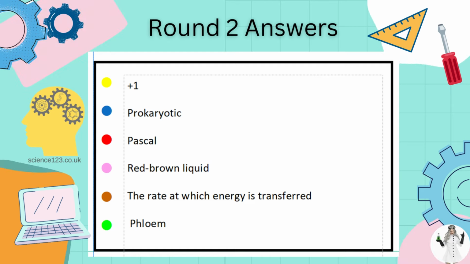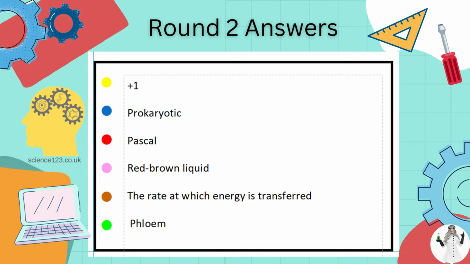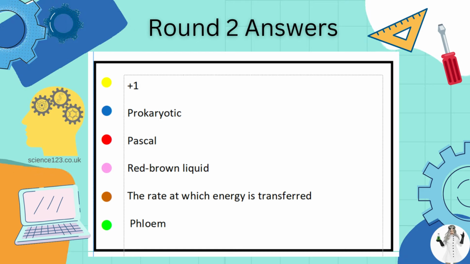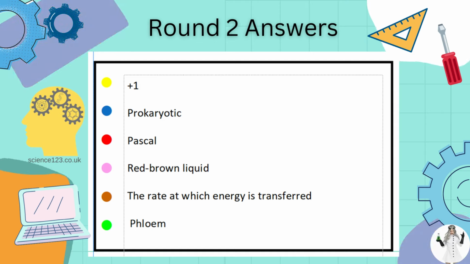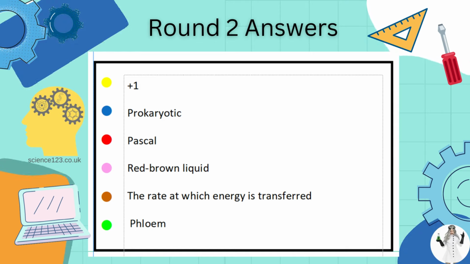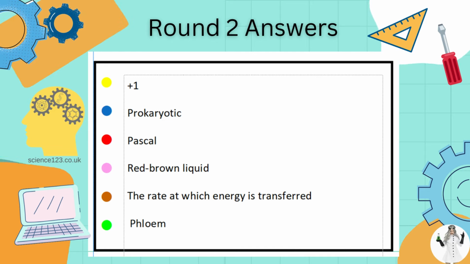Bromine at room temperature is a red-brown liquid. The definition of power is the rate at which energy is transferred. And the structures that use energy to transport sucrose around a plant are called phloem.